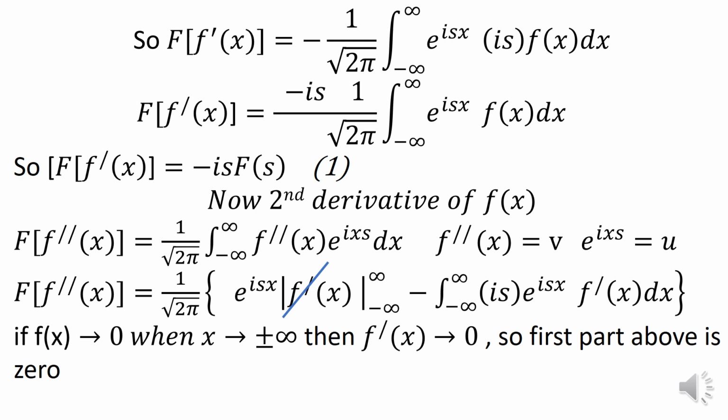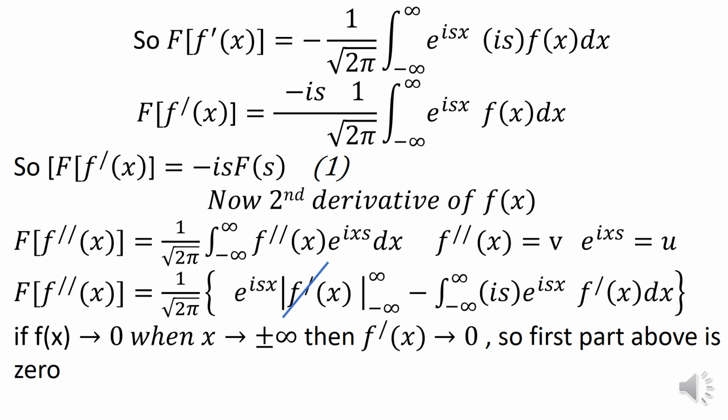Now the second derivative, the Fourier transform of f double dash x. What is that? 1 by root 2 pi, same formula as in the previous slide, integral from minus infinity to plus infinity, and f(x) is replaced by f double dash x. So e to the power iota s x and f double dash x, you can suppose as u and v, and apply the uv formula.